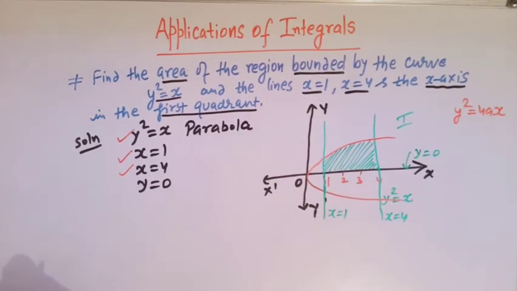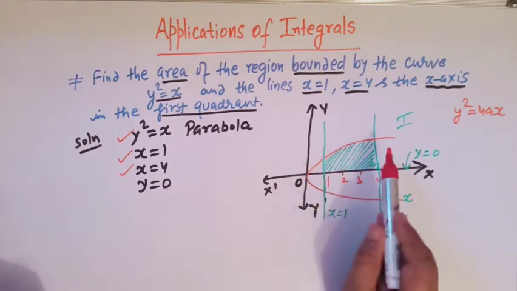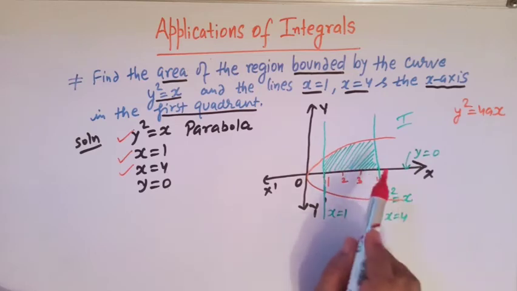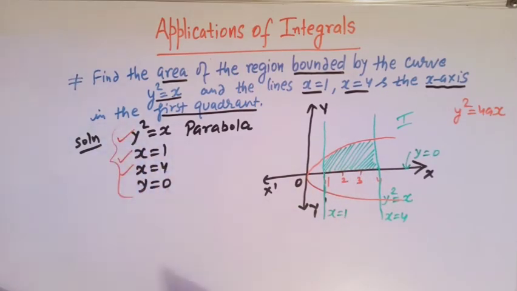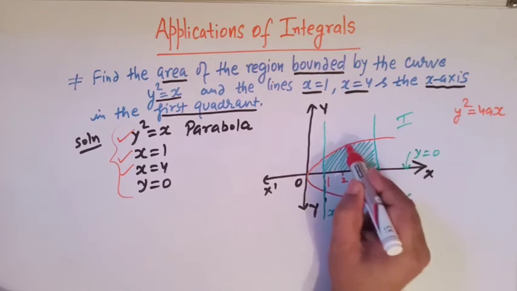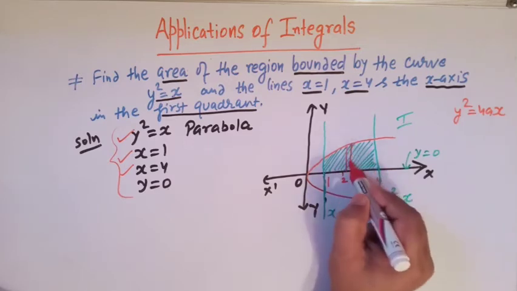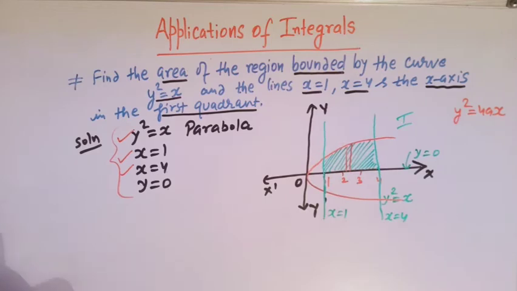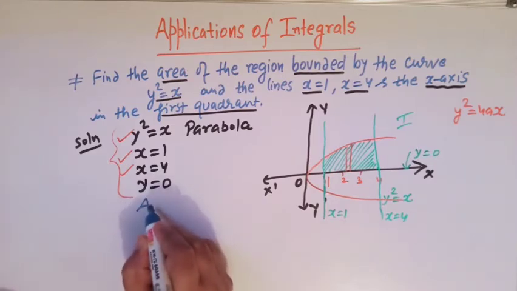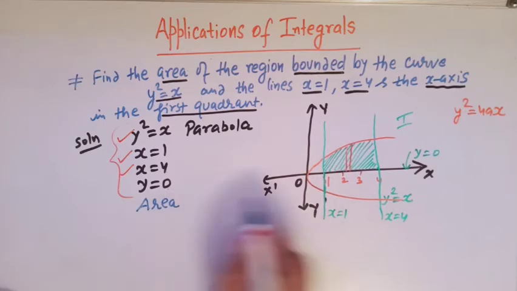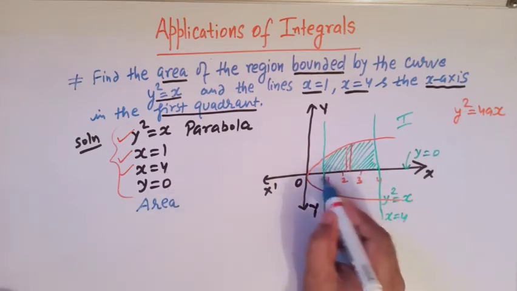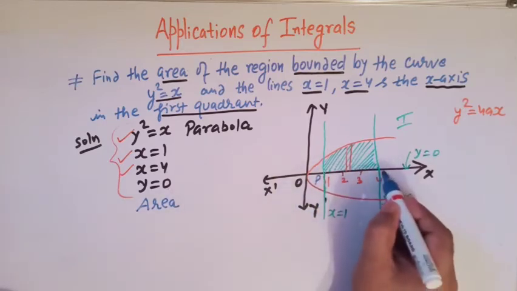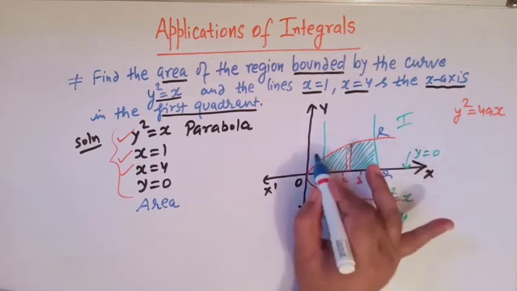So once we have made the rough sketch of all this information, now we will draw the elementary strip, right? So this is the elementary strip. Okay. Now we know that the area of this region, let us denote it by P Q R S, right?